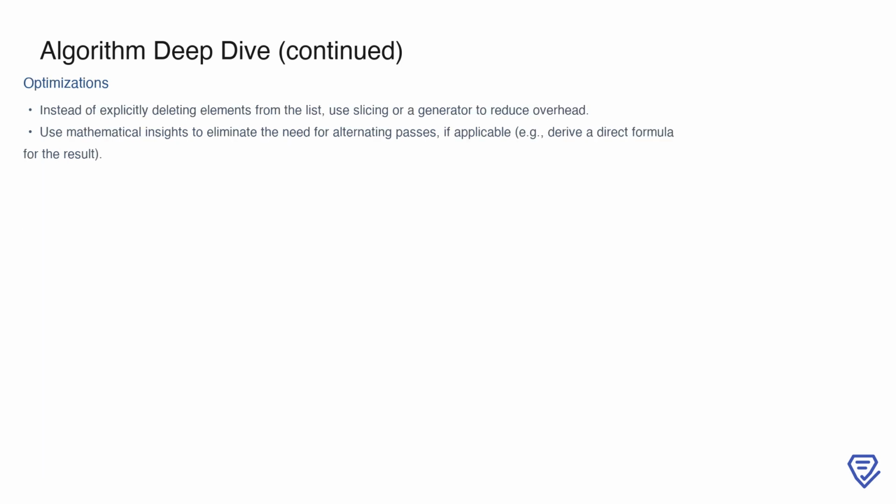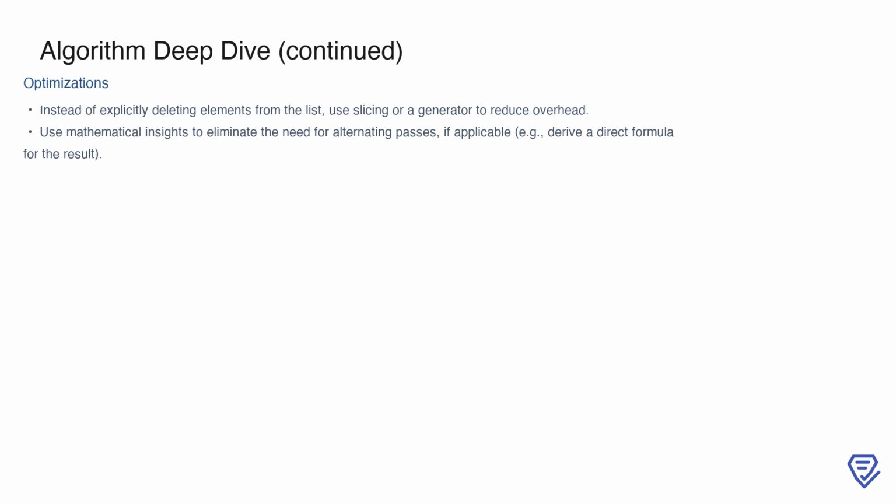The brute force simulation can be optimized in several ways. Instead of explicitly removing elements from the list, which can be computationally expensive, we can use slicing or a generator to reduce overhead. This avoids unnecessary copying of the list and speeds up the process. Additionally, mathematical insights can sometimes eliminate the need for alternating passes altogether.